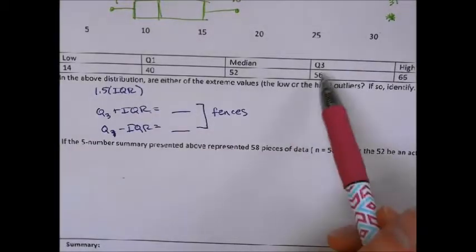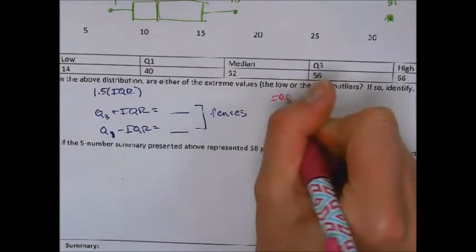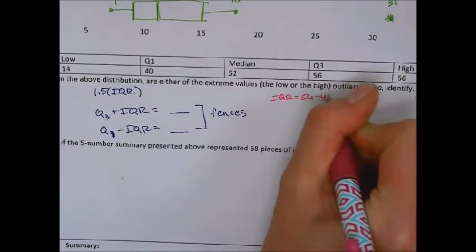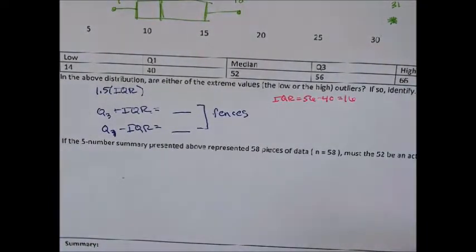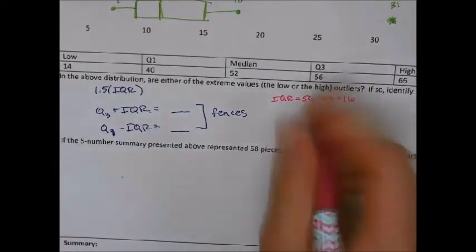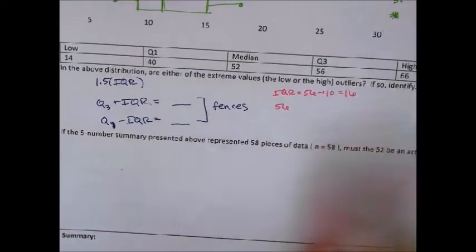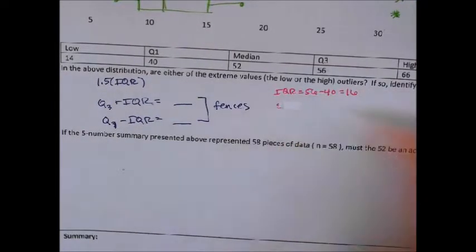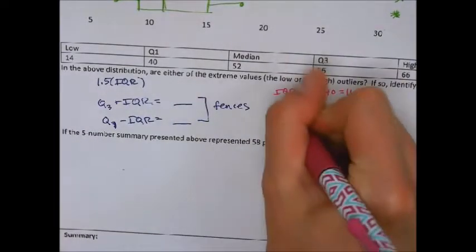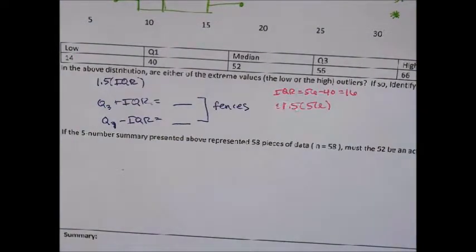All right, so let's find our IQR. IQR 56 minus 40 is 16. So then I do 1.5 times 16, and we get 24.